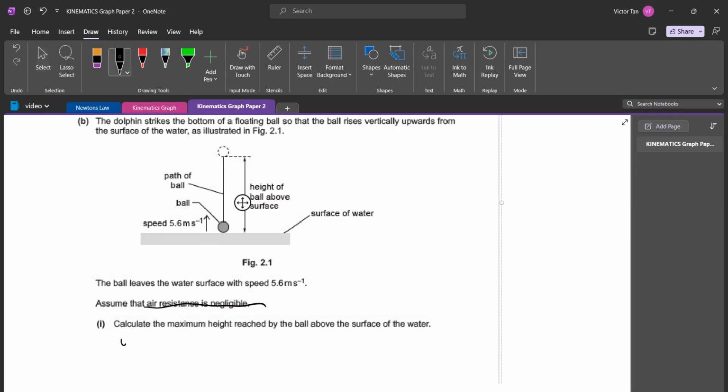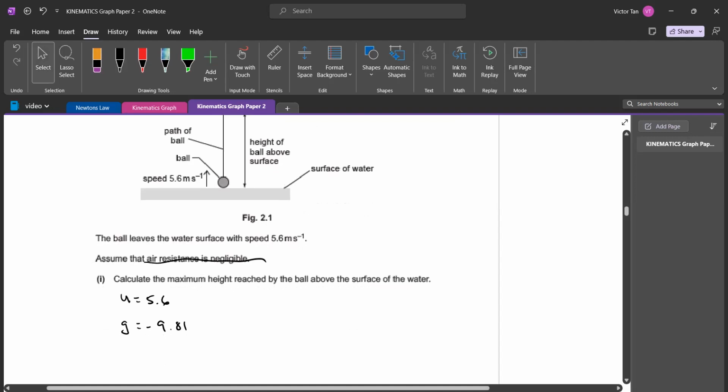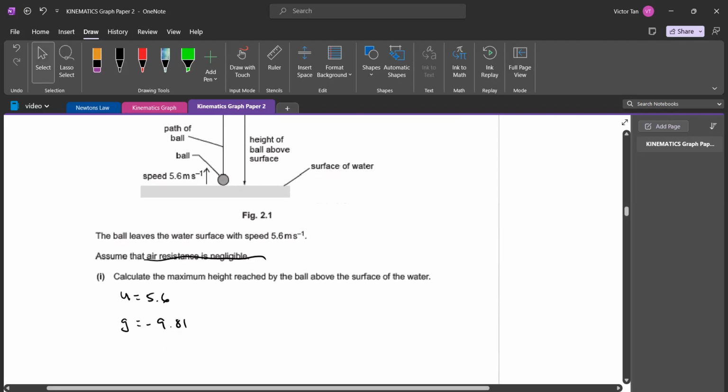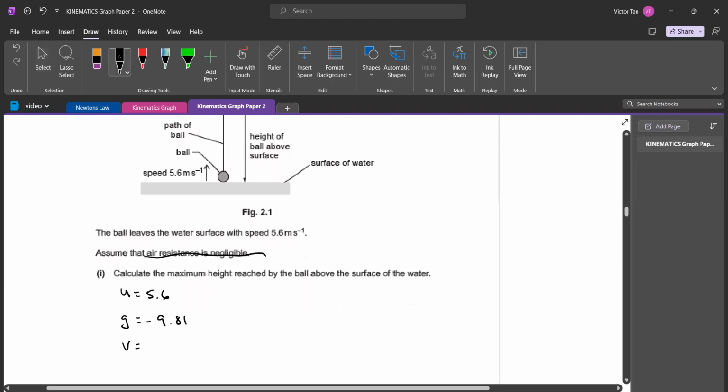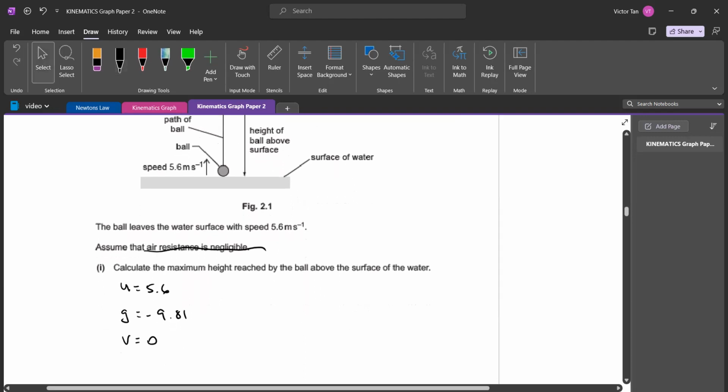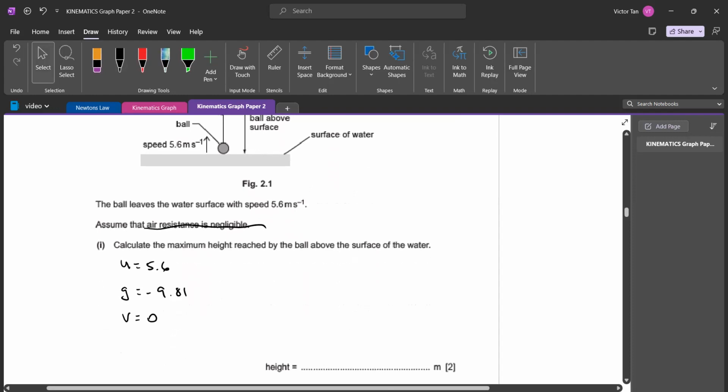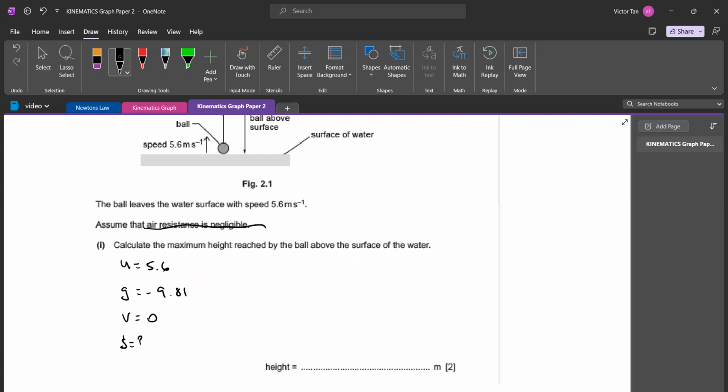So here you have the initial velocity as 5.6. Acceleration is minus 9.81 because you're moving upwards. The final velocity is 0 when it reaches maximum height and you're finding the height, or the displacement.